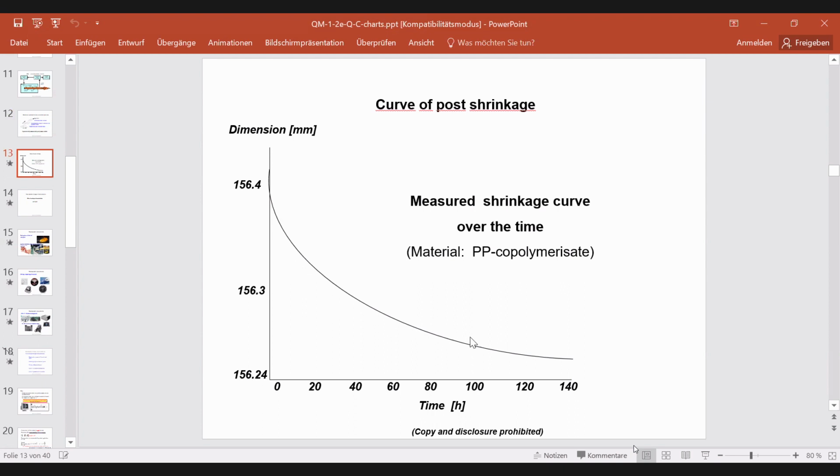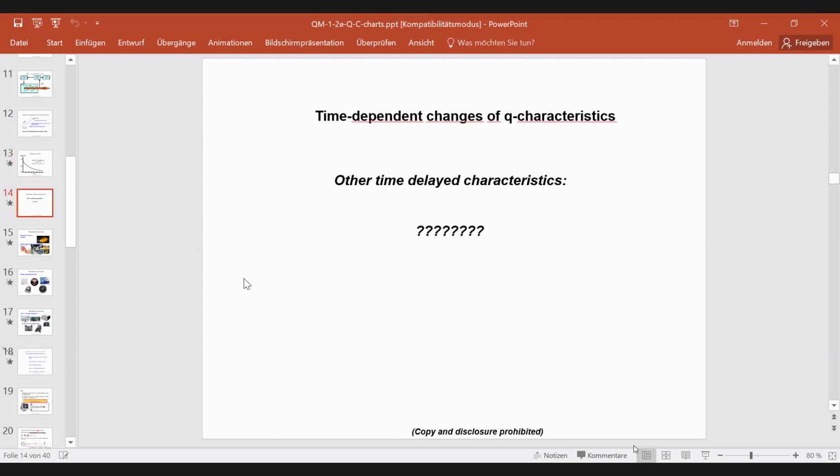They are caused by the time-dependent change of the measurement of the quality characteristic. In this case, it's a dimension. This can happen with plastic components, but there are a lot of other quality characteristics where you have a time-dependent delay. This means the end characteristic, the end measurement, is reached after a special time.